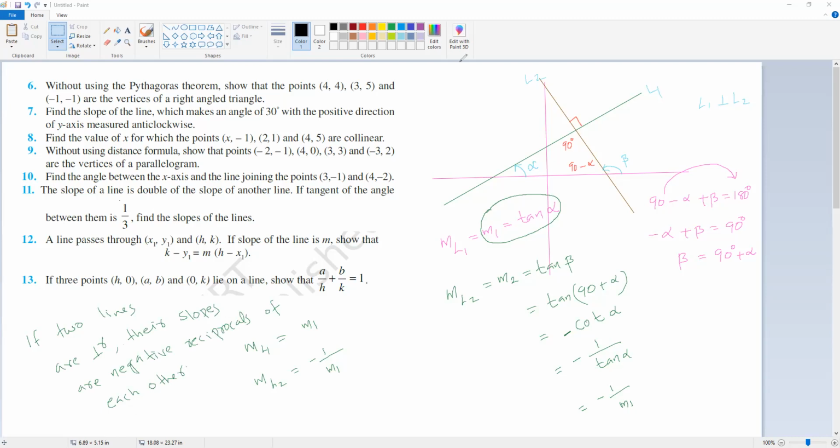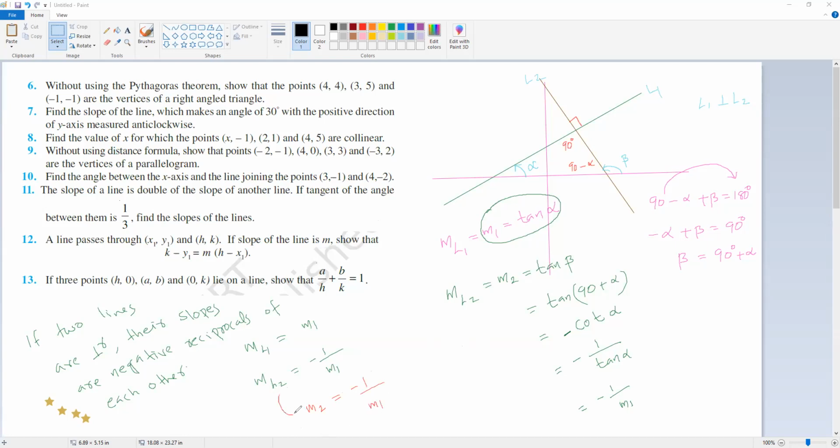Yes, sir, important thing. So it's very important. If two lines are perpendicular, their slopes are negative reciprocals of each other. If two lines are parallel, their slopes are equal. In another way, the slope of the second line, m2, is equal to minus 1 by m1, right?